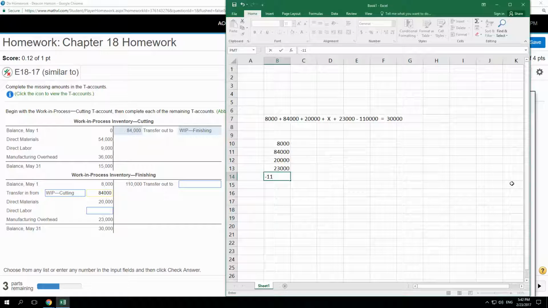Minus 110. And then you're going to have another negative 30 when you bring that 30,000 over to this side of the equation. Yeah, it's solving for x.